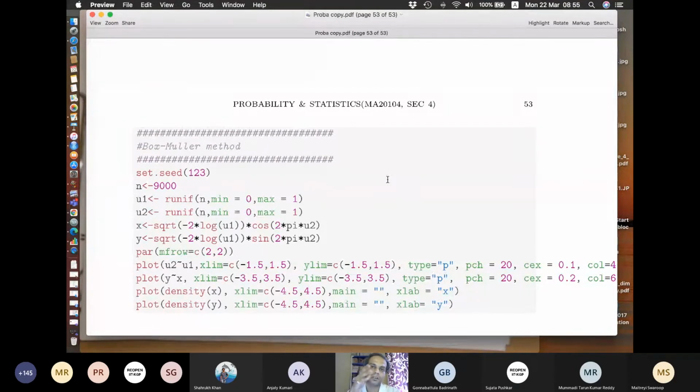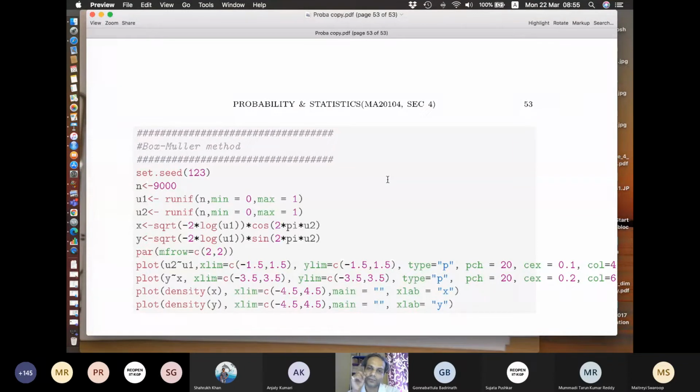So many other distributions we have got. From uniform to exponential, exponential to gamma, gamma to beta, then we have associated gamma with chi-square, and so on and so forth. All those things we have got from transformation. But one normal distribution we could not obtain from one uniform distribution.